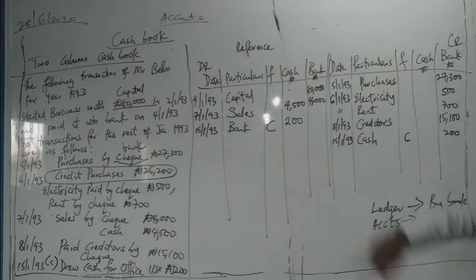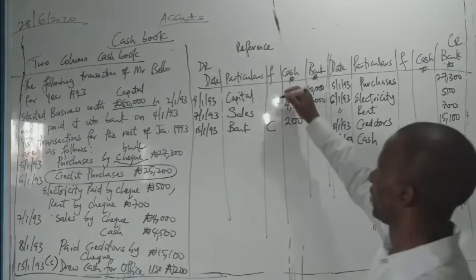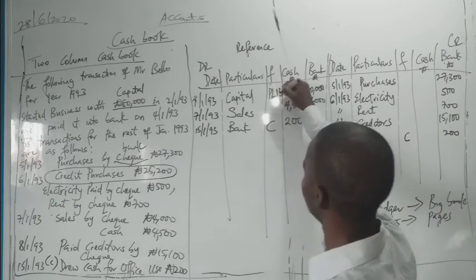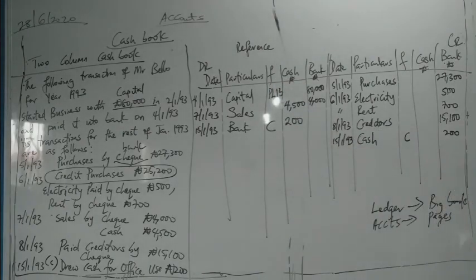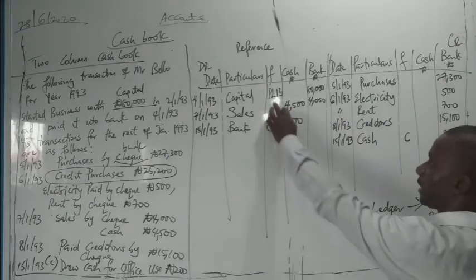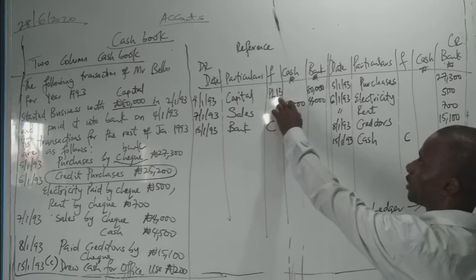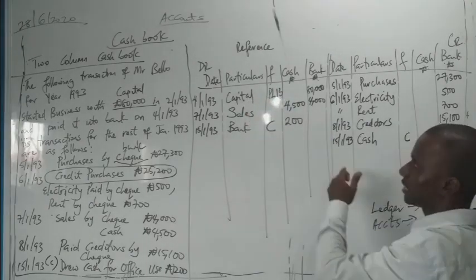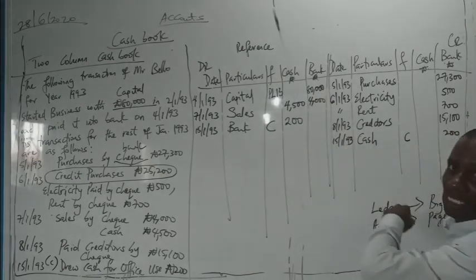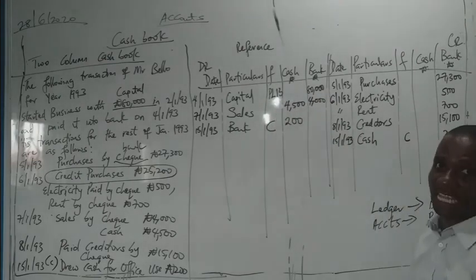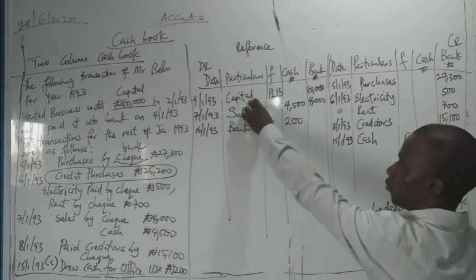So for reference sake, they brought out what is known as folio. Folio now, they may put maybe PL13. Let's just say for instance PL13. What this record means is make reference to the private ledger, which is on page 13. You will see the capital accounts. Details of this record will be seen in private ledger, page 13, which is what?